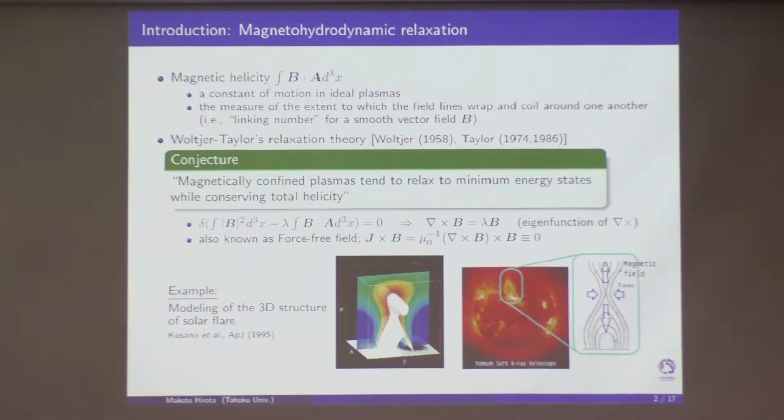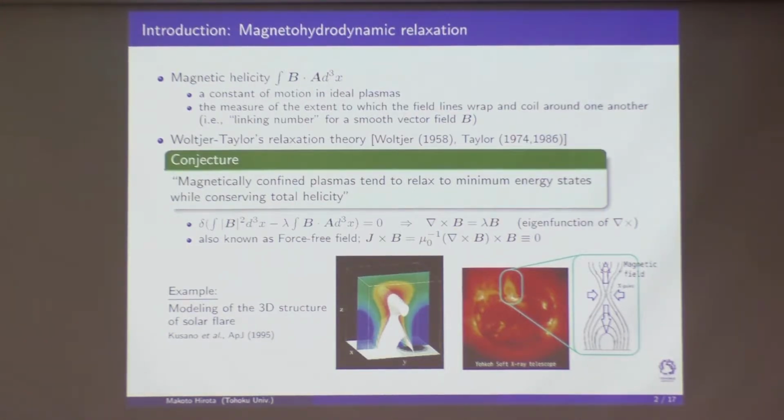They first assumed, as a conjecture, this property of magnetohydrodynamics. If you consider magnetically confined plasmas, they tend to relax to the minimum energy state while conserving the total helicity. If you consider these two invariants, the energy decreases faster than the magnetic helicity.